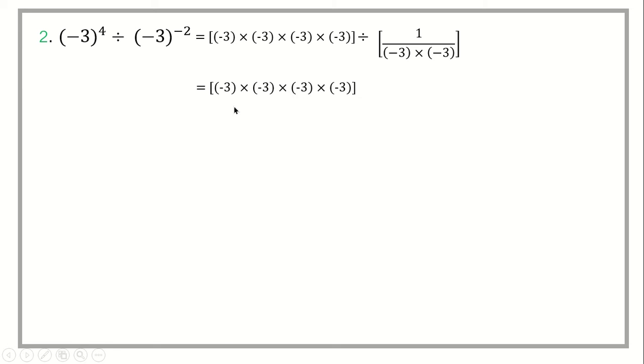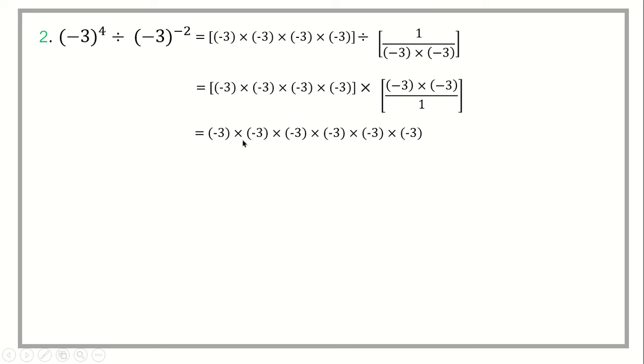Now this means that we get negative 3 times negative 3 times negative 3 times negative 3 times the reciprocal, 1 down and negative 3 times negative 3 up. Okay? Now this gives us negative 3 times negative 3 times negative 3 times negative 3, and then times negative 3 times negative 3, and this gives us negative 3 to the power of 6.